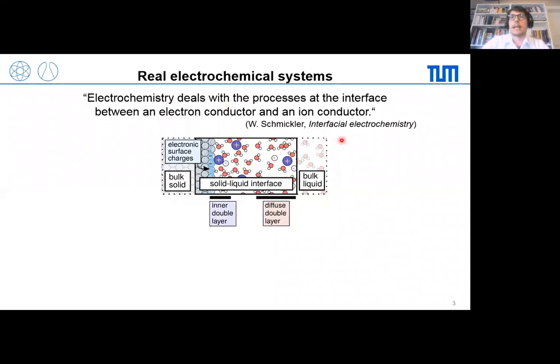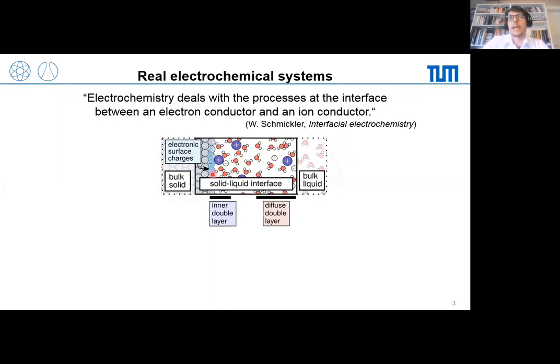And so I made this very approximate sketch of how one can view the electrochemical interface or an electrified interface. You have on the one side, of course, the electrode, and then an interface between this electrode, mostly a solid, and some electrolyte solution.